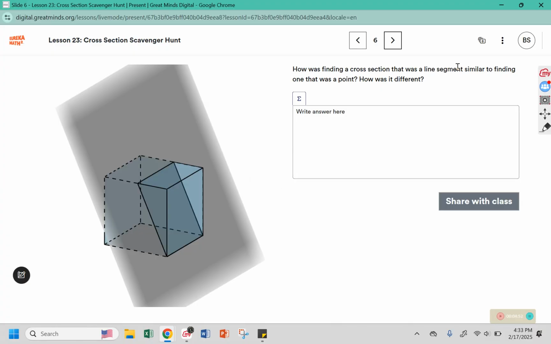How is finding a cross section that was a line segment similar to finding one that was a point? And how is it different?